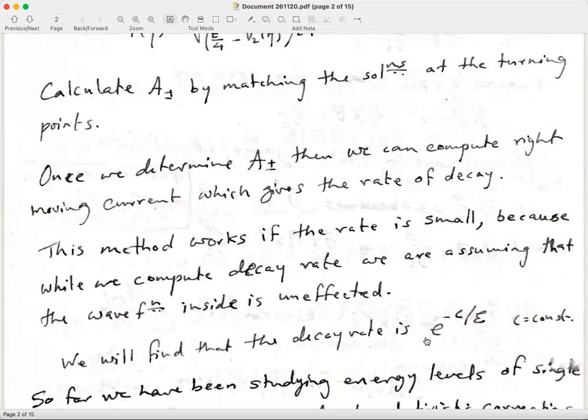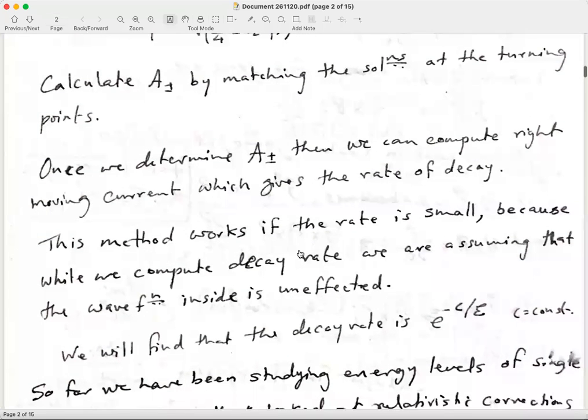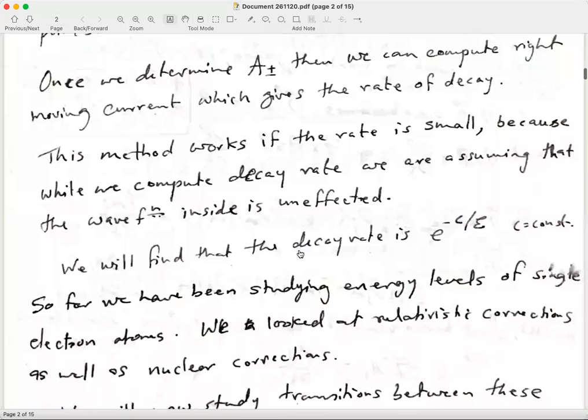On the other hand, if the electric field is very small, then it is e to the minus a very large number and the decay rate is very small. So you would expect a tunneling event to go inversely proportional to the strength of the electric field. That is the kind of result one would eventually derive from this.